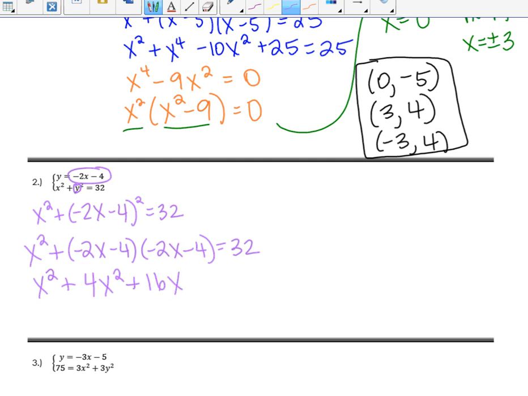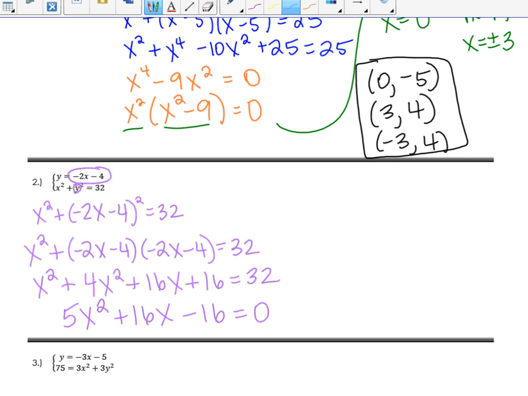Negative 4 times negative 4 is a positive 16 equals 32. So we're going to combine like terms and bring everything over at the same time. You get 5x squared plus 16x and then minus 16 from bringing the 32 over equals 0.